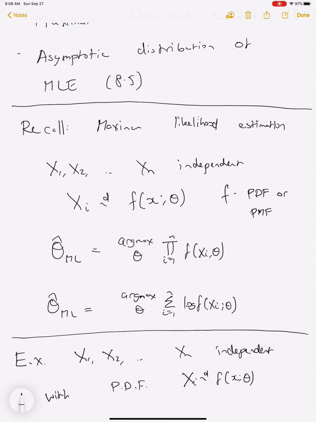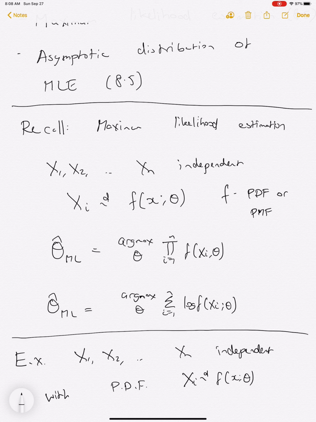And then there's some unknown parameter theta of interest. The maximum likelihood procedure is a general procedure where you take the argmax, which means the theta value that maximizes this product of the function. This is the likelihood function, and you're taking the theta that maximizes it.